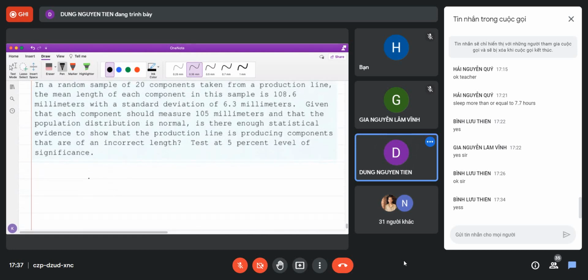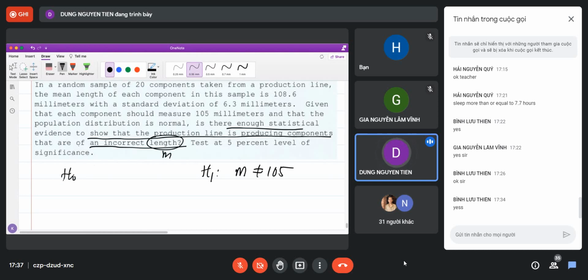In this case, you may see that H1 is that you want to check whether there is enough evidence to show that the production line is producing components that are of an incorrect length. So H1 is that the mean length is not 105, right? Mu is the length. And H0 is that mu equals 105. Okay?